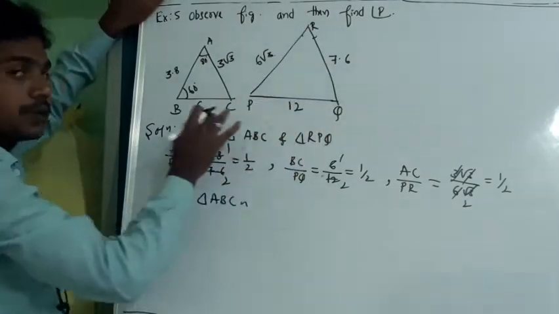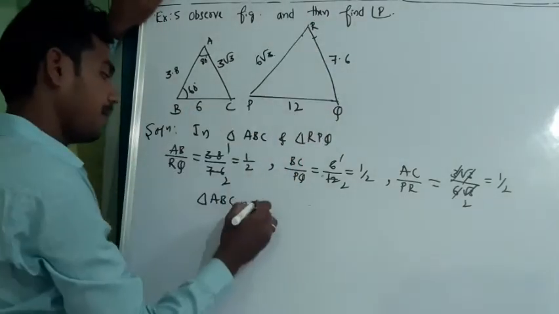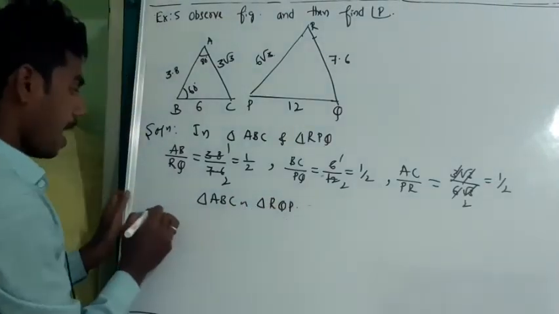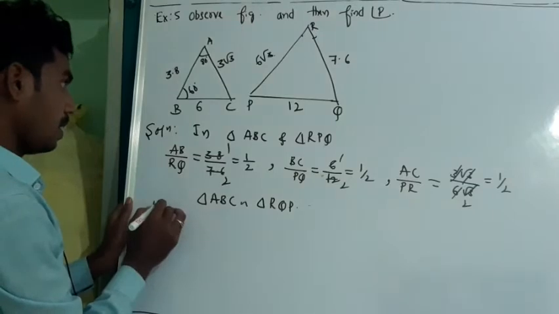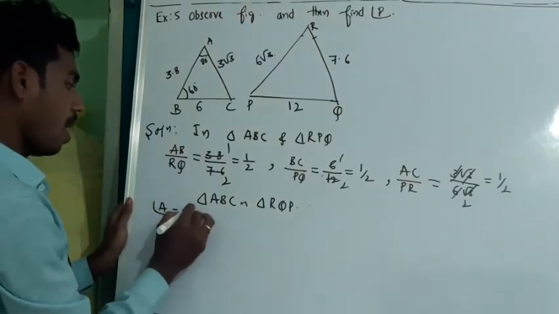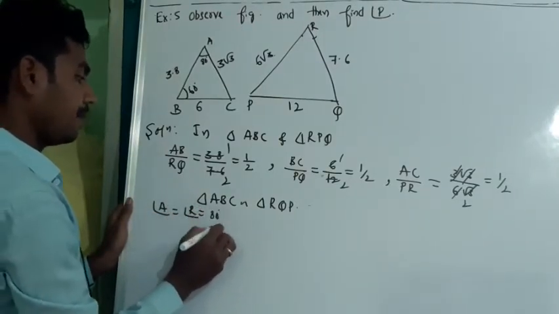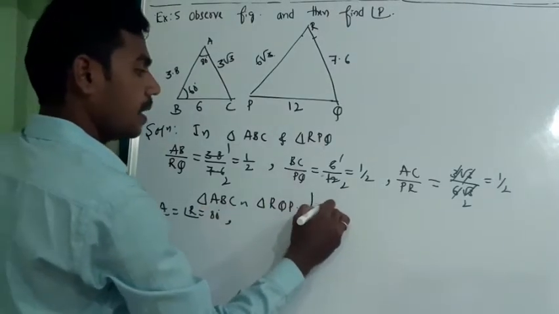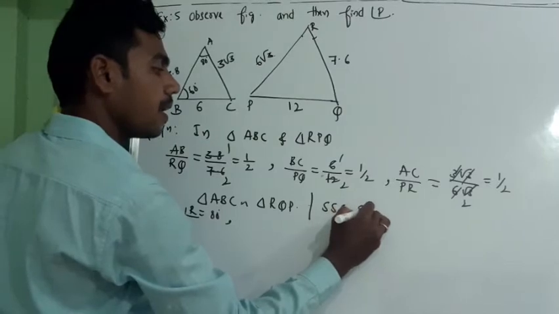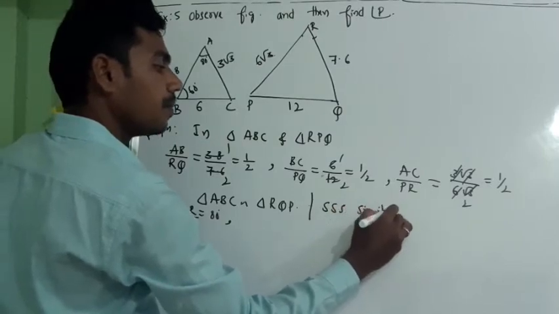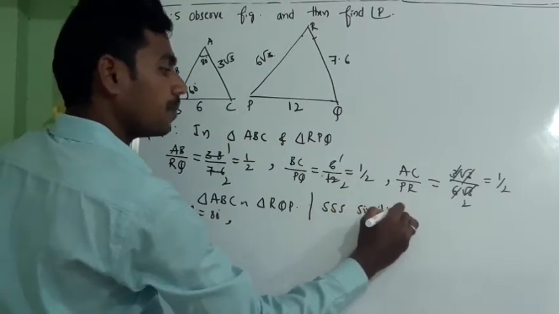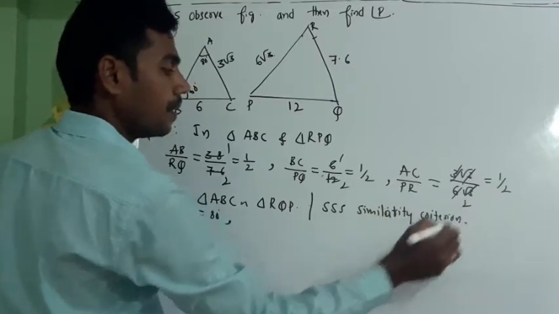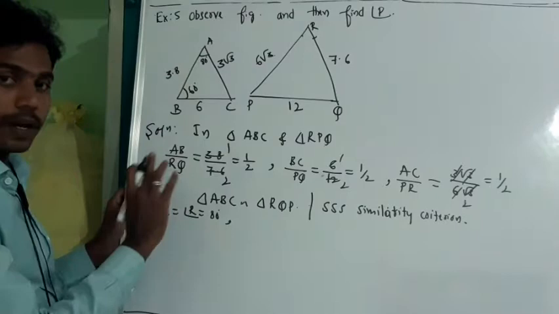So RQP, you should take in order. Triangle RQP. Therefore angle A is equal to angle R is equal to 80 degrees, since this is the SSS similarity criteria. So corresponding angles will be equal.